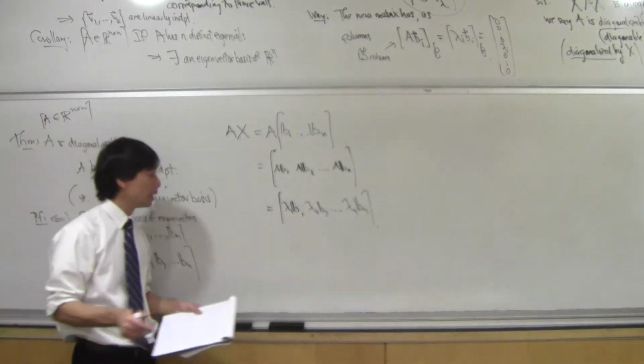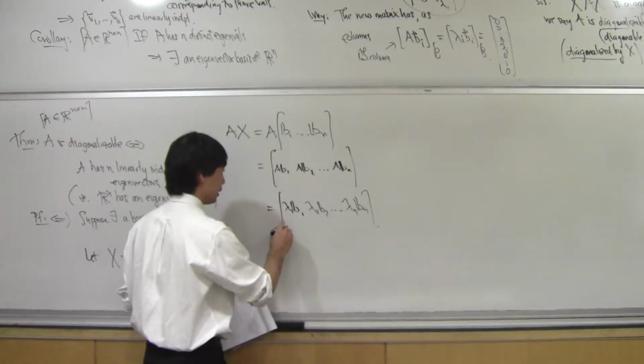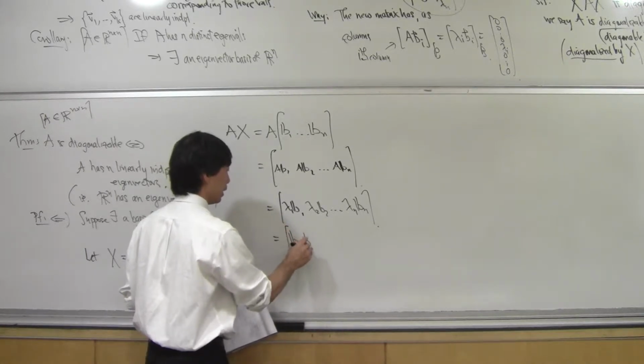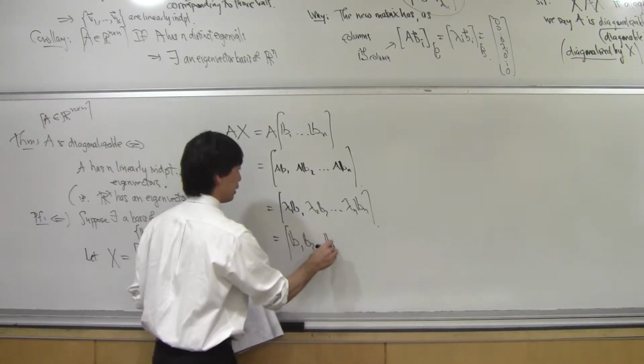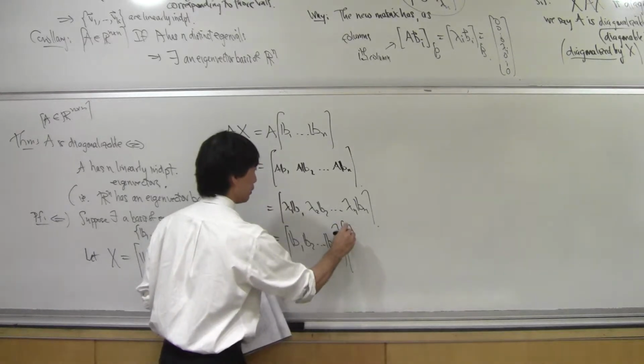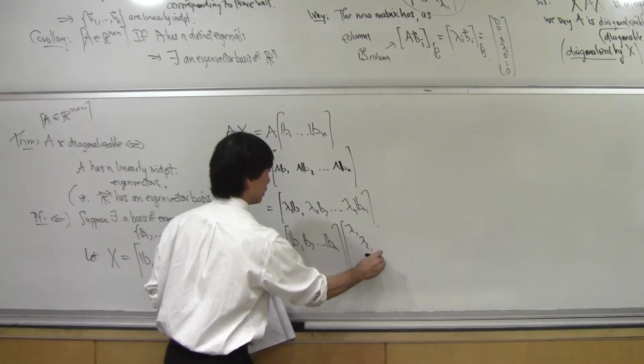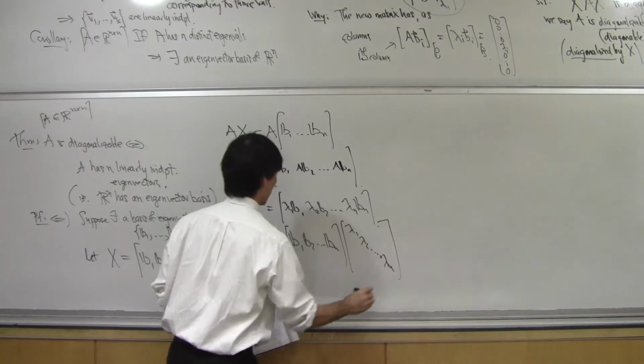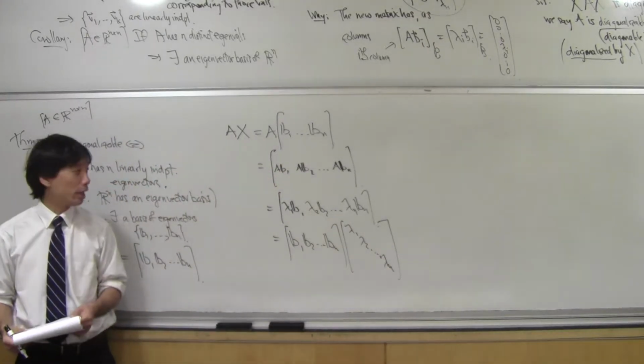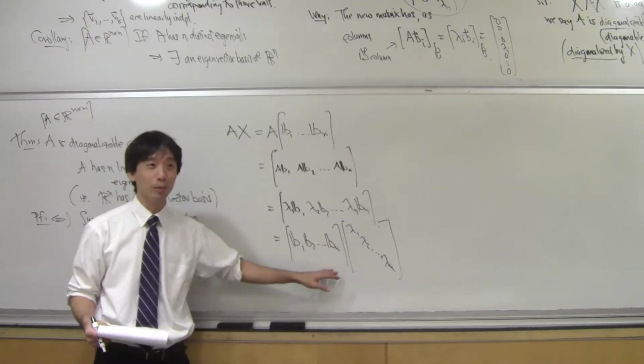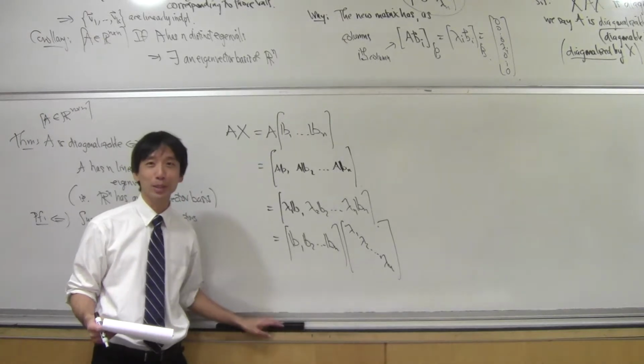Now we're going to cleverly rewrite this last part as V1, V2 through Vn times the diagonal matrix lambda 1, lambda 2, lambda n, using our rusty knowledge of matrix multiplication.